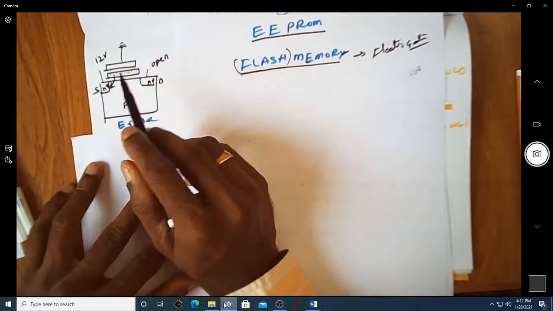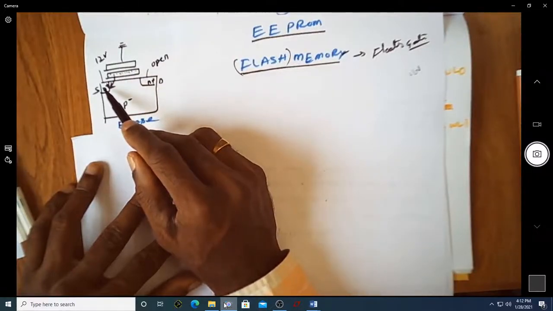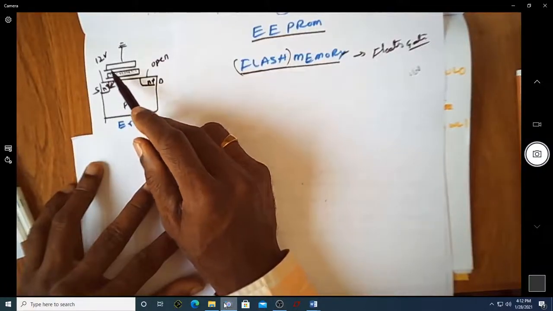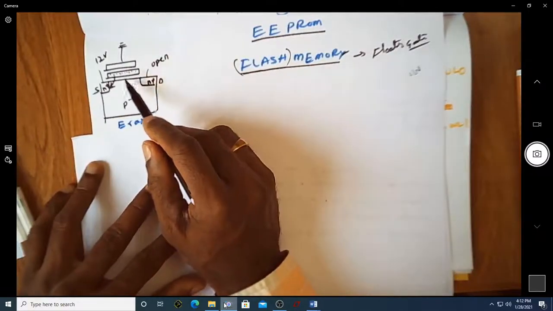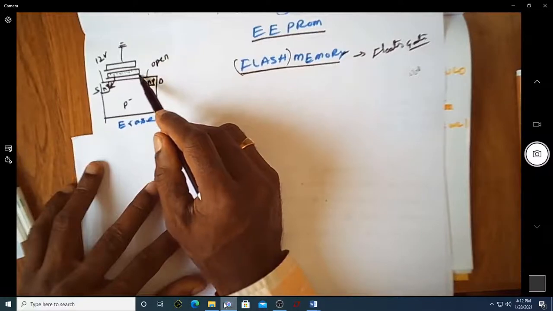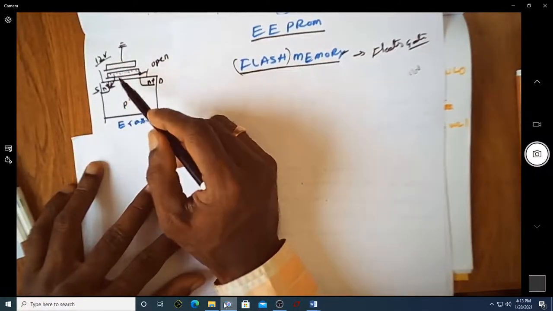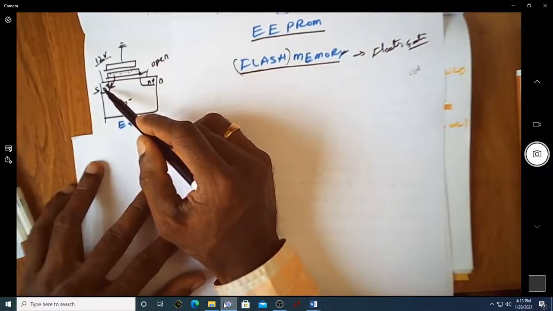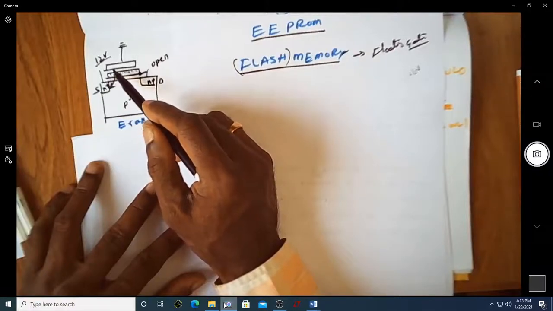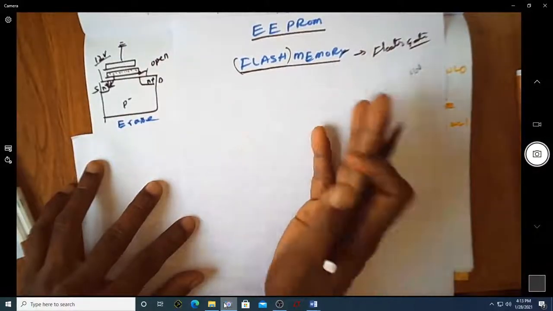If I do this operation, all the electrons that are trapped here will be forced to come down to the source, so that we will not have any more charges in this particular floating gate structure, because the thin oxide between this gate and the substrate is very thin, and since you applied a very large voltage, these electrons will be attracted towards the source, and the threshold voltage will be set to the default value, which is maybe around 0.4 or 0.5 volts.